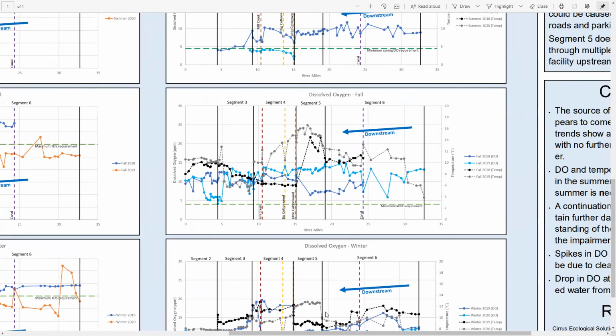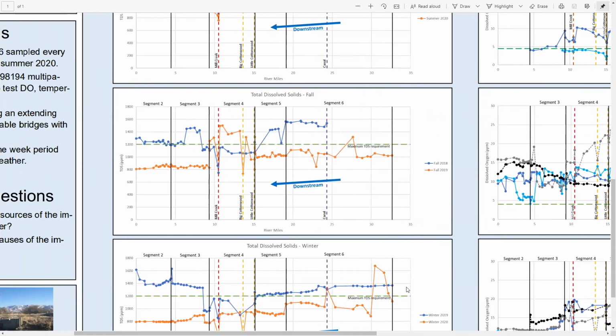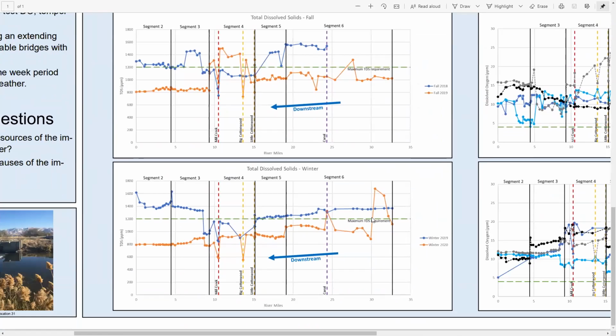Our winter TDS data shows the most differences between the years sampled. As we can see, 2019 and 2020 are more or less showing an opposite recording in segment 2 and 3, and then a little bit in segments 5 and 6.